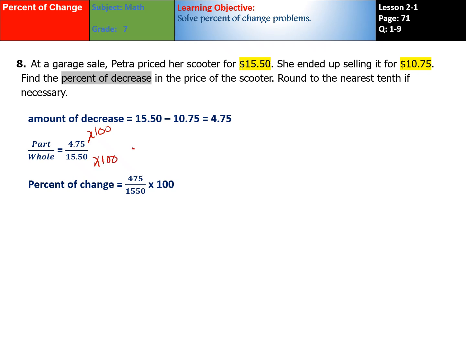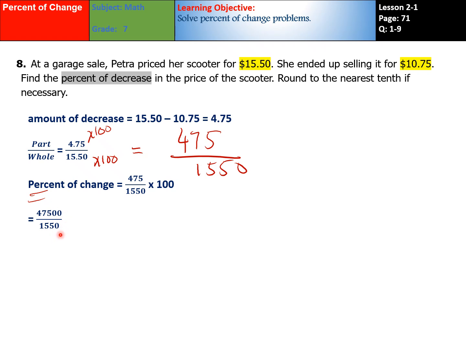When I multiplied by 100, what did I get? 475 over 1550. Now I'm multiplying it by 100 to change it to percent. So it became 47500 divided by 1550.